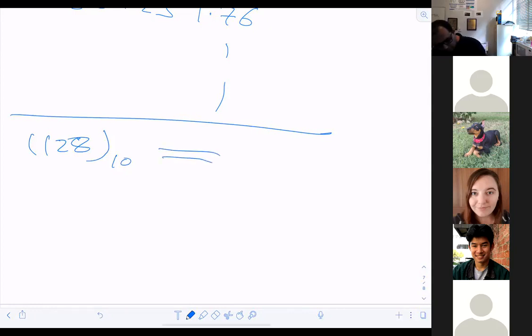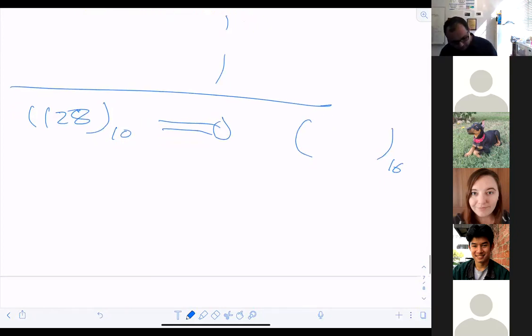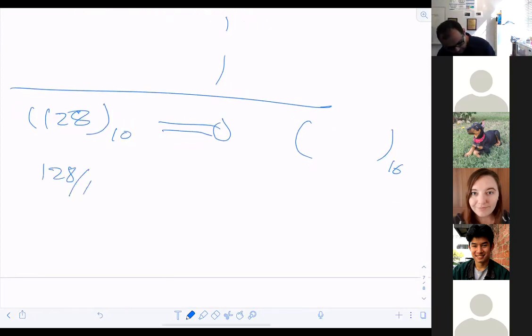I want to get the equivalent in hexa. So in that case, I will divide by what? 16. Yes. So it's going to be 128 divided by 16. What will the value be?